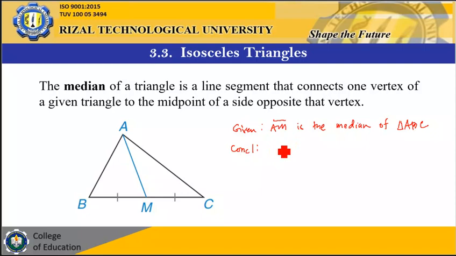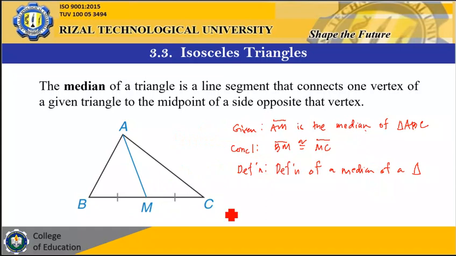Therefore, we say that BM is congruent to segment MC, because of the definition of a median of a triangle.